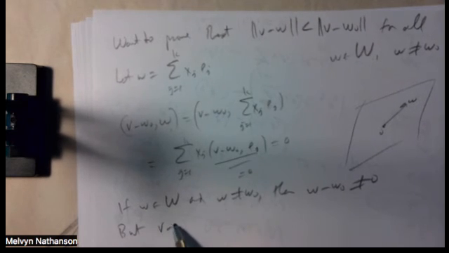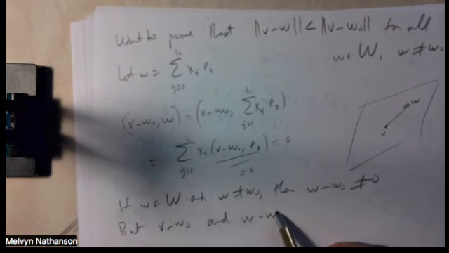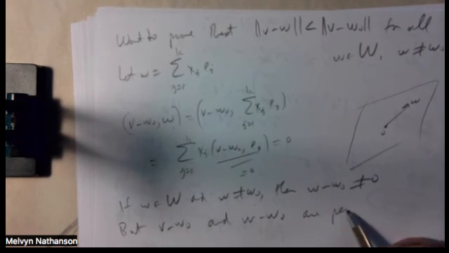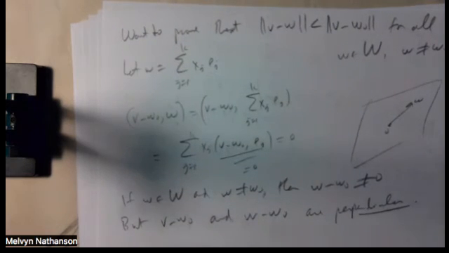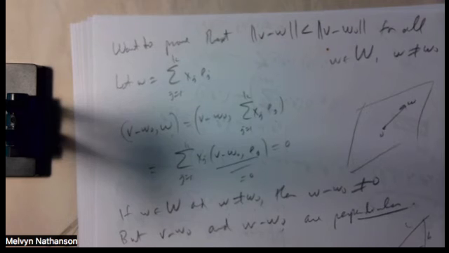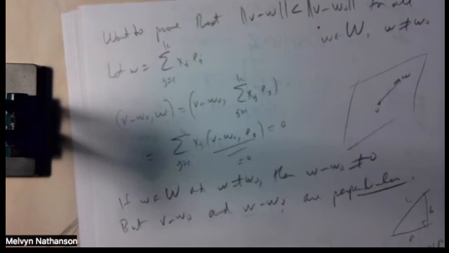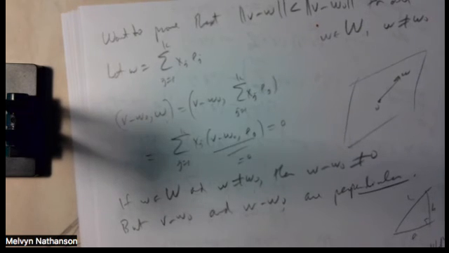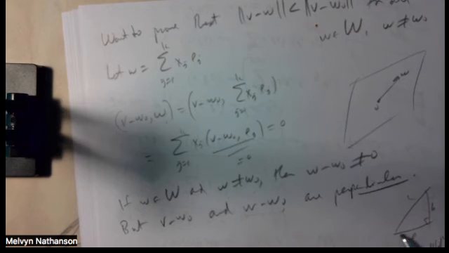But V minus W0 and W minus W0 are perpendicular, because the inner product of V minus W0 is 0 with every vector in W. And we proved the Pythagorean theorem in an inner product space, which says that if you have A, B, and C vectors, and A and B are perpendicular, the length of A squared plus the length of B squared is the length of C squared, where C is equal to A plus B.